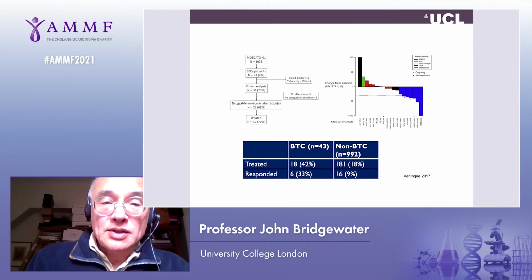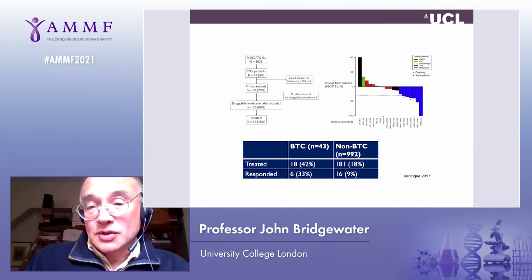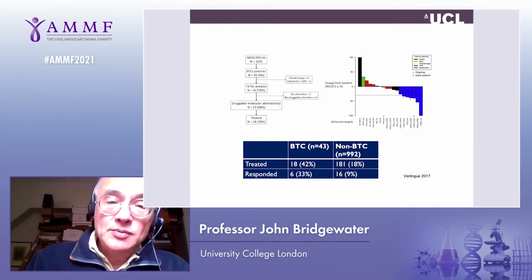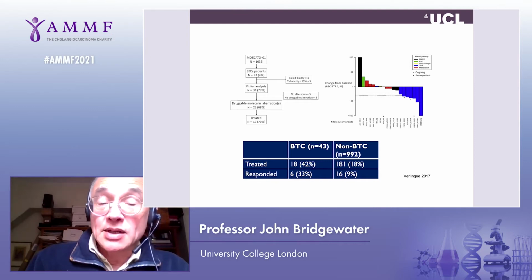Of those 1,035, 43 patients had biliary tract cancer, out of which eventually 18 were treated, so you get to quite small numbers in the end, but these are important numbers.